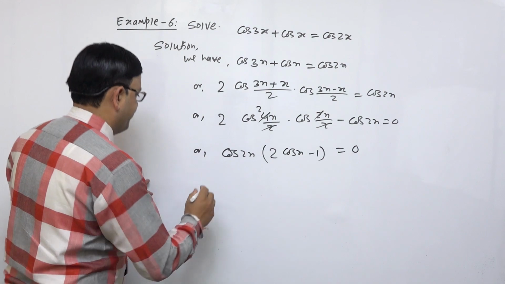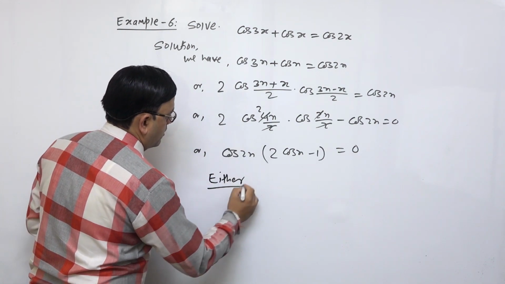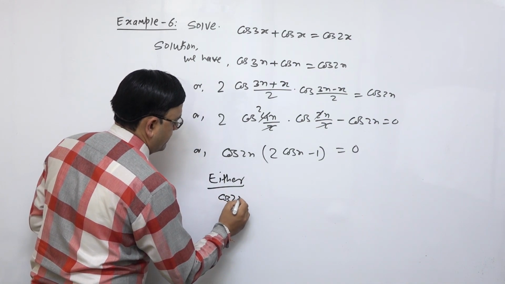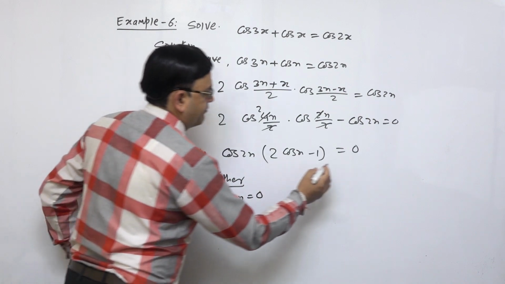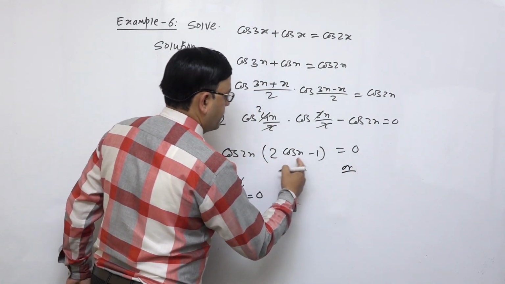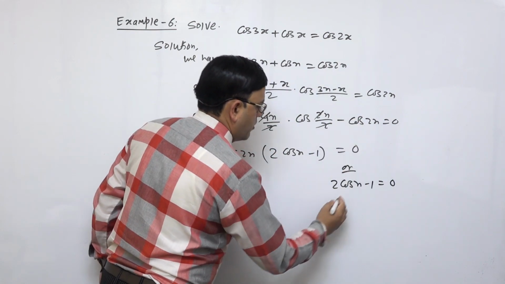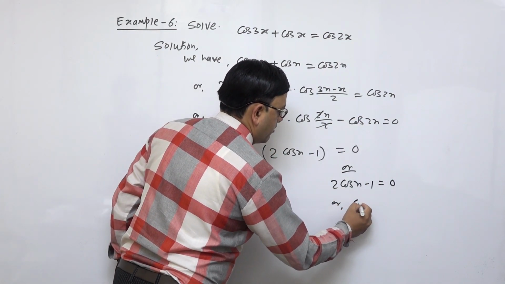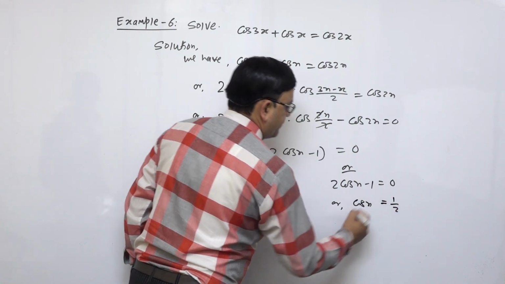Now either cos 2x is equal to 0, or 2 cos x minus 1 is equal to 0, or we can write cos x is equal to 1 by 2.